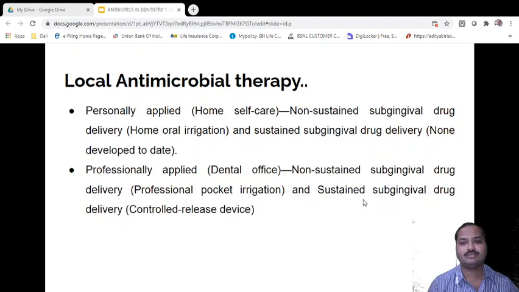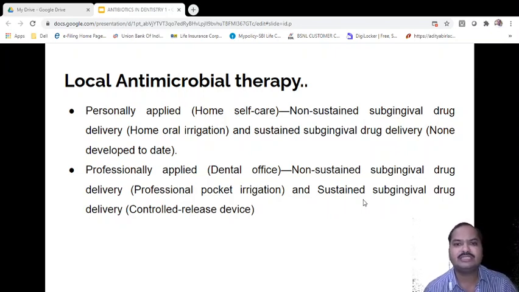Then the professionally applied or dental office type of local antimicrobial therapy, where the non-sustained type of drug delivery system is pocket irrigation by the professional, and the sustained type will be the controlled release device which can be put by the dentist into the pocket. The patient cannot do it.